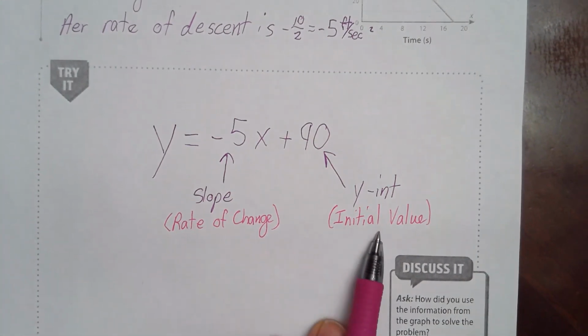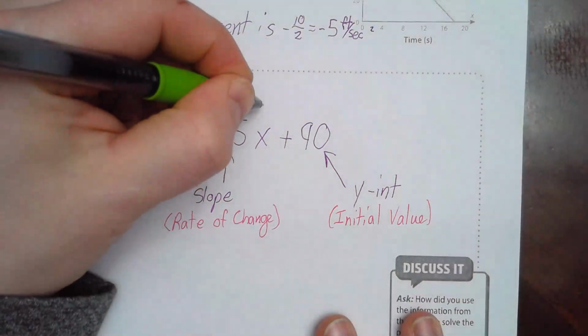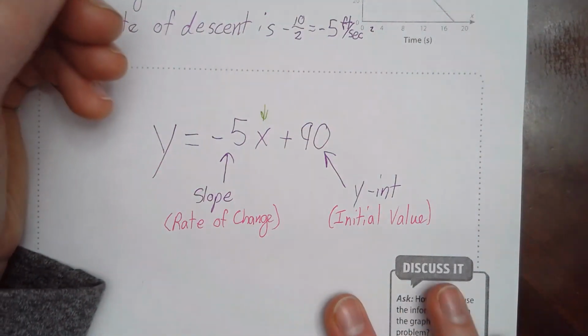It's what we start with, but they're the same thing. We're talking about the same thing. Of course, in the context of this problem, we also need to talk about what our variables are. So, of course, this is our independent variable, right?